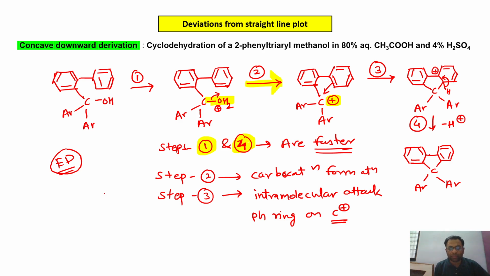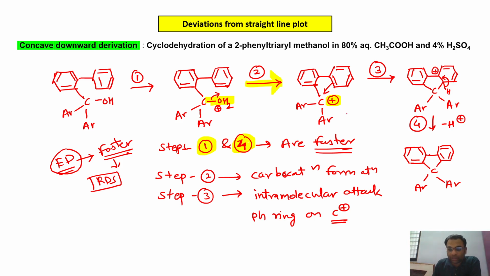Then the rate of this reaction will be very fast, so this is not considered the rate determining step, and therefore the second step is also a fast step when a strong electron donating group is there.